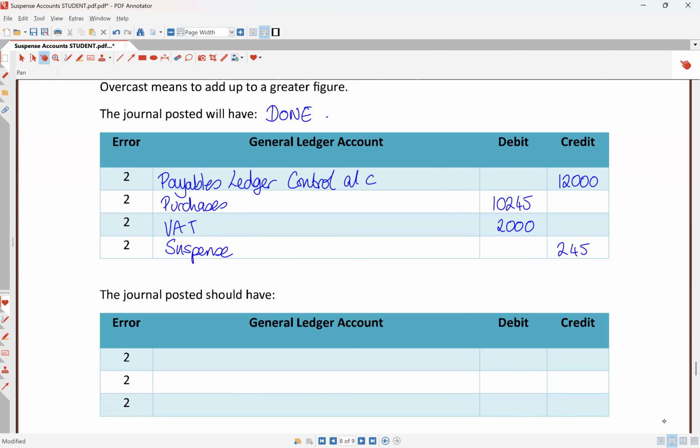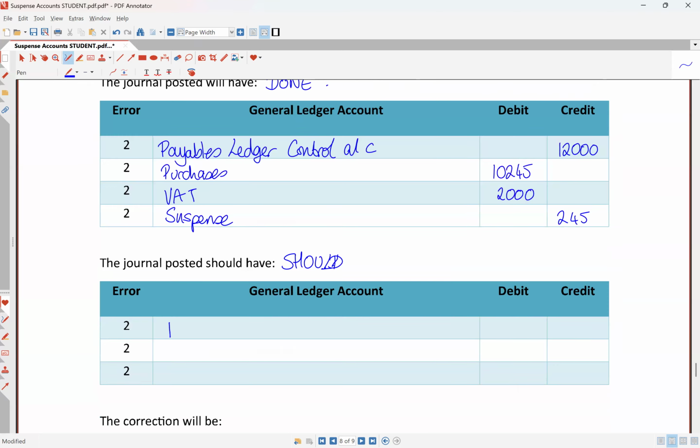What should we have done? That's step 2. What should we have done? Well, we should do this posting: credit your payables, debit your purchases, debit your VAT, but for the correct figures. So we should credit your payables with 12,000, debit your purchases with 10,000, and debit your VAT with the 2,000.